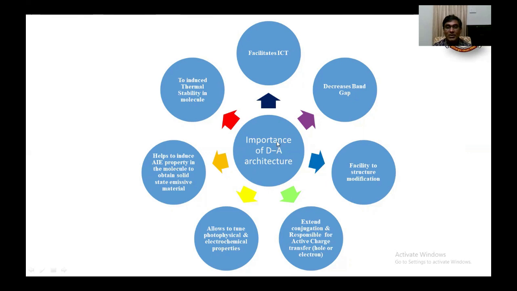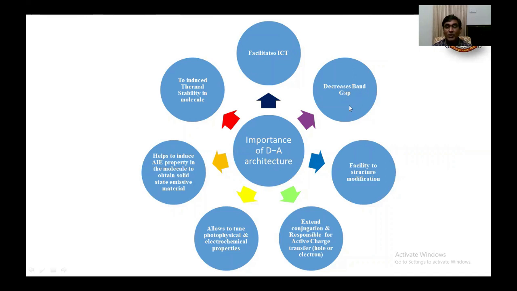It decreases the band gap. Silicon is the most widely used semiconductor, which has a band gap of 1.3 electron volt. So we can reduce the band gap of these organic molecules up to 1.3, 1.4, or 1.5, towards silicon, which gives the facility for structure modification and extended conjugation.